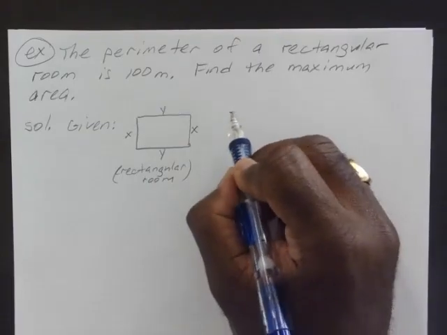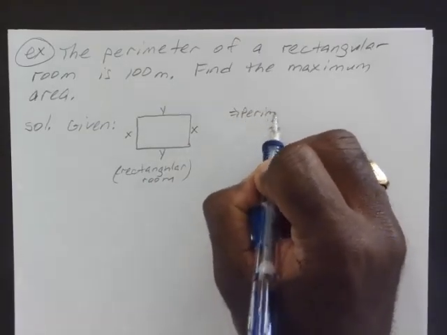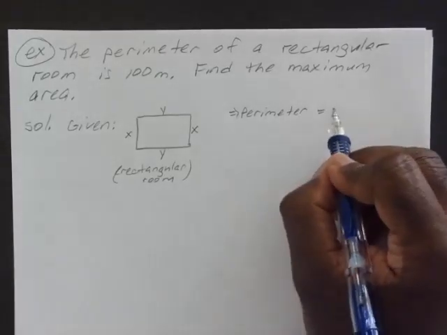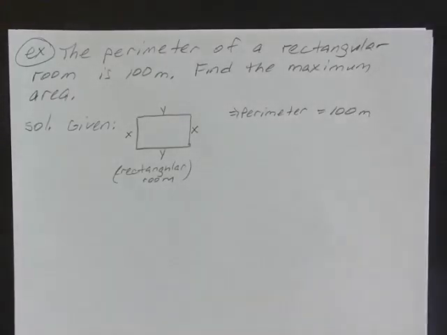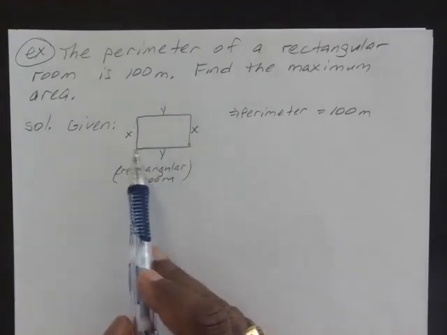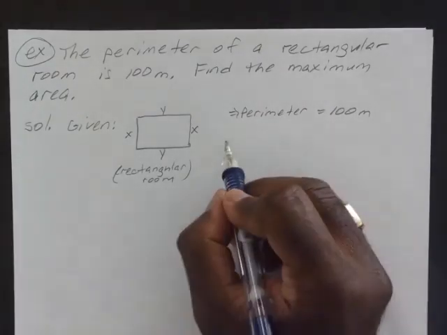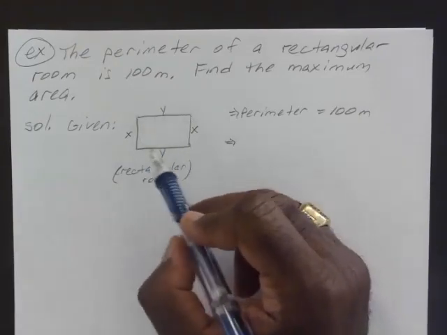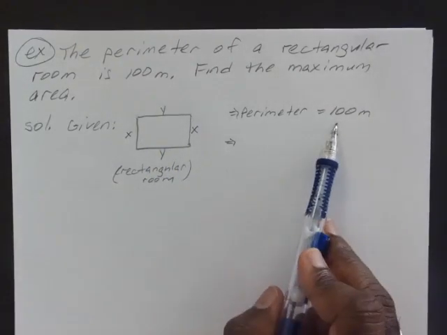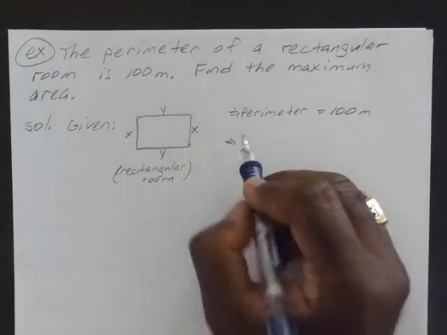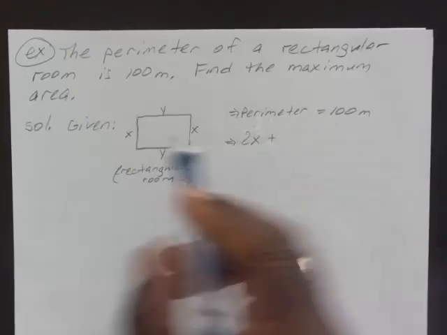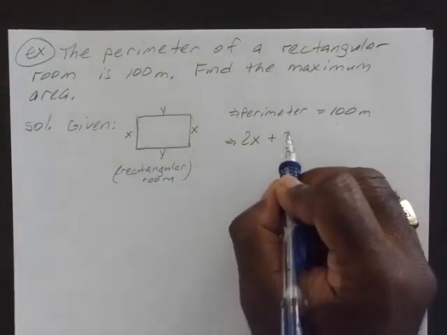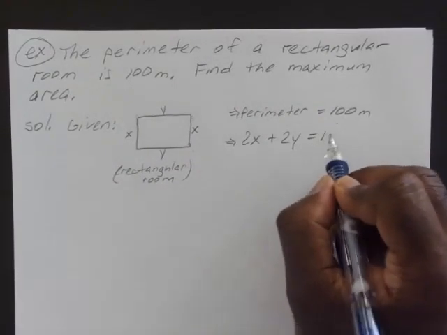And we know that the perimeter is equal to 100 meters. So the perimeter, you're just counting the length of the edges and adding them up. So if we get side x plus side x plus side y plus side y, add those together, we'll get 100. So x plus x, we'll write as 2x, plus y plus y, we'll write as 2y, is equal to 100.